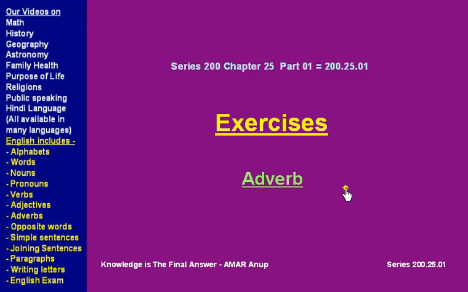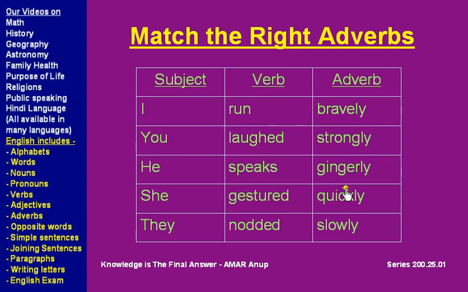Now let's look at two exercises on adverbs. In this exercise, the first column has the subject: I, you, he, she, they. The second column has the verb: run, laughed, speaks, gestured, nodded, and the third column has the adverb.